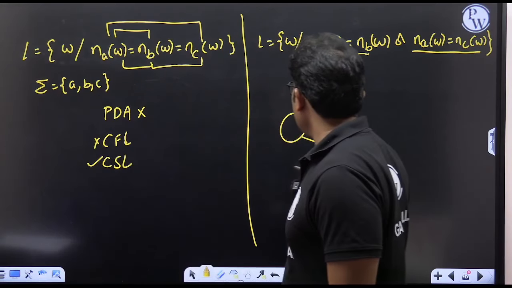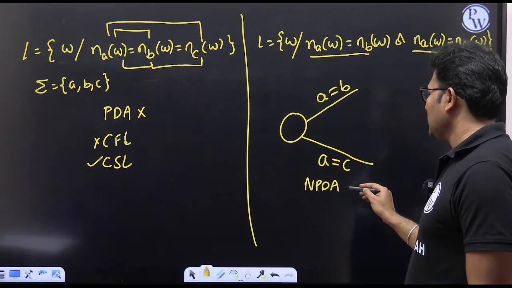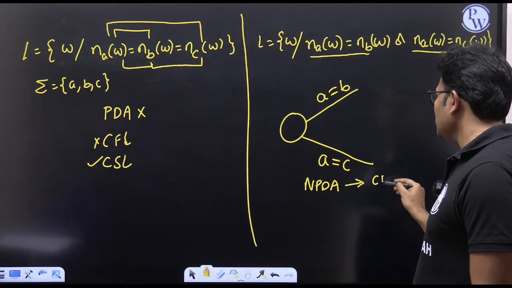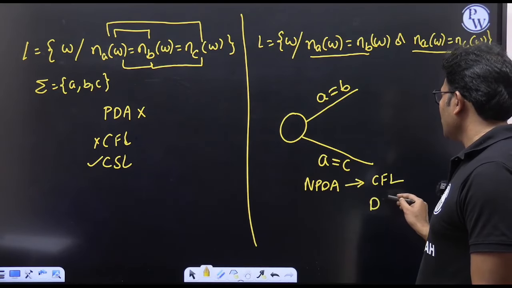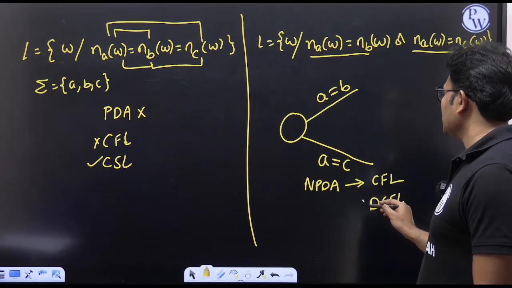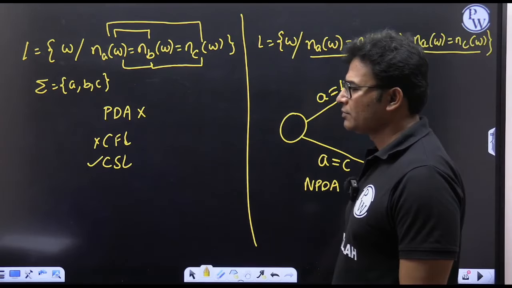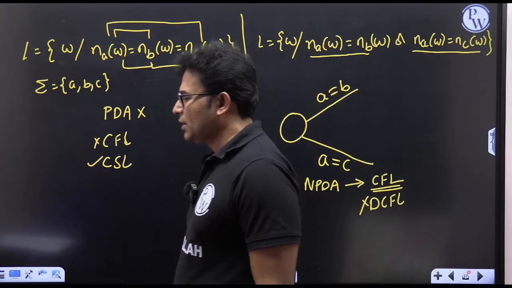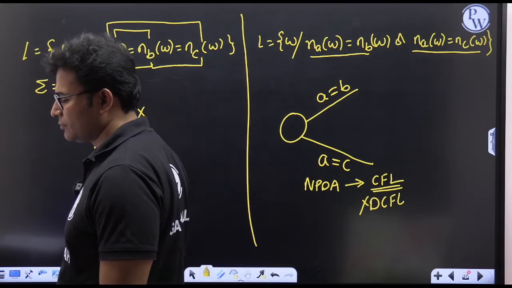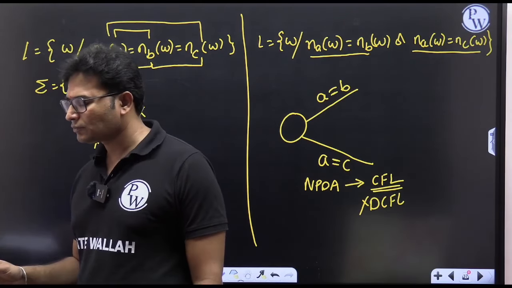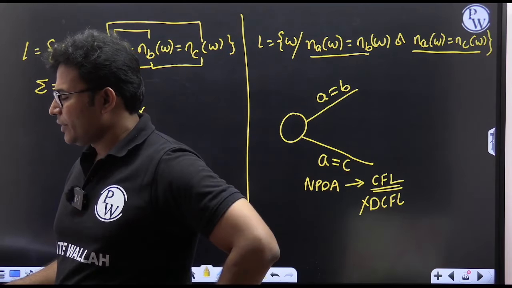Therefore, a non-deterministic pushdown automata can accept it. Therefore, you can say that the language is context-free language, but the language is not deterministic context-free language. But this is context-free language, right?